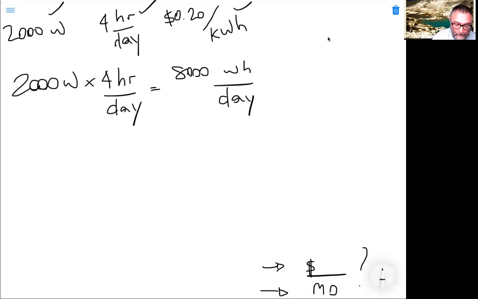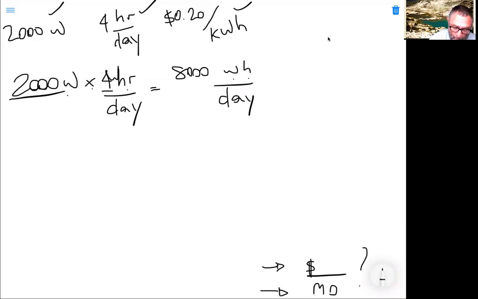Remember that this is a compound unit, right? So watt hour is watts times hours. That's a compound unit. So we just multiply the numbers and we just slap those letters together, watt hour.